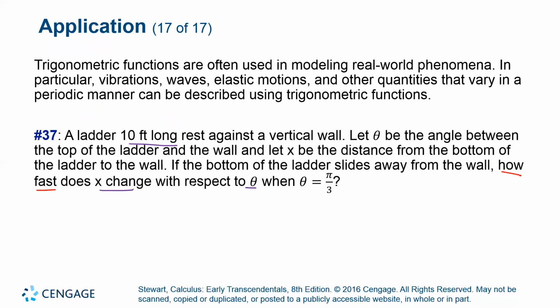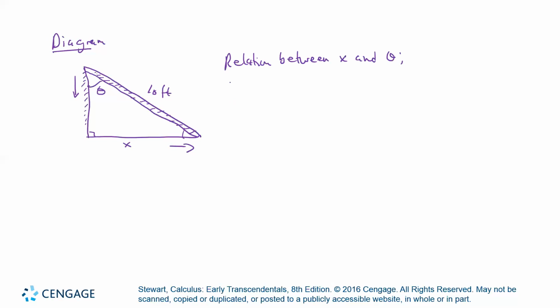That's a rate, so we need dx/d theta. Before I can find that, I need a formula for x in terms of theta, so that I can differentiate it with respect to theta. And we are given that the angle is pi by 3.